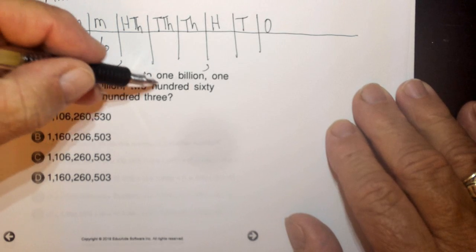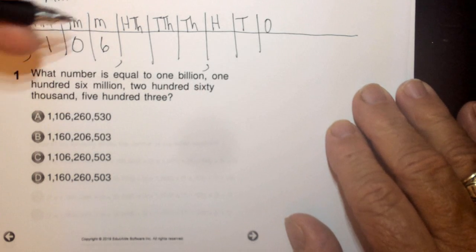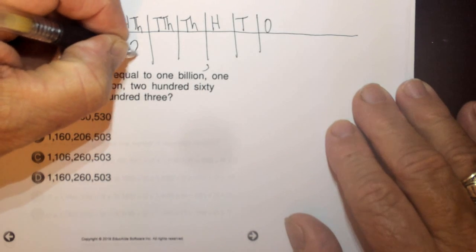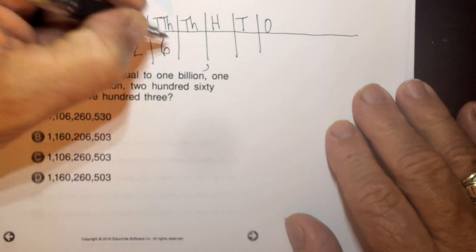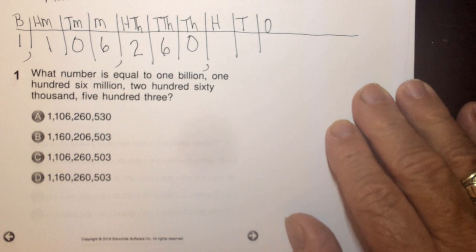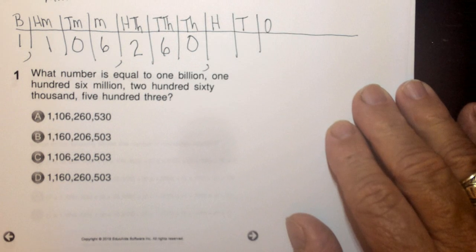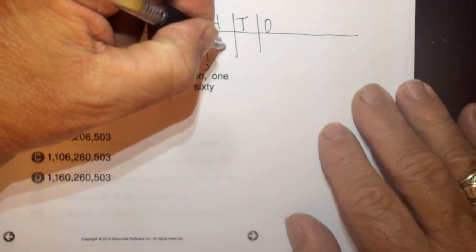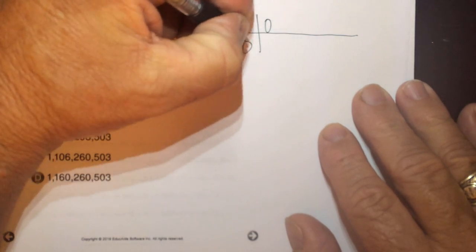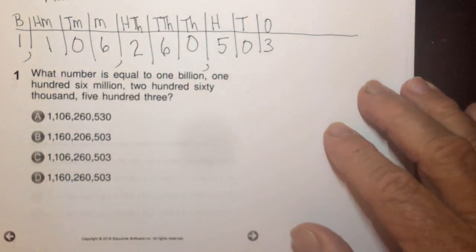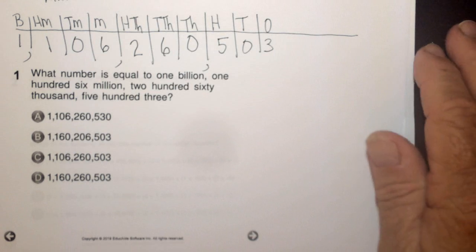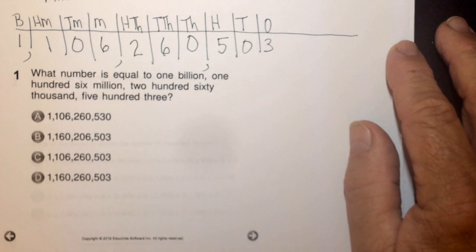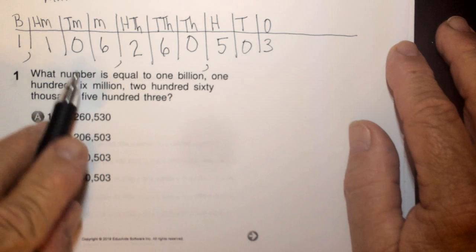Then I have 260,000. 260 and no thousands. And then I have 503. So once I do that, the number's all right there for me, and I can make sure I did it right by just saying it back to myself.